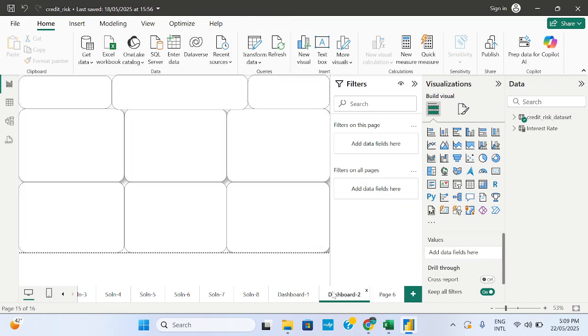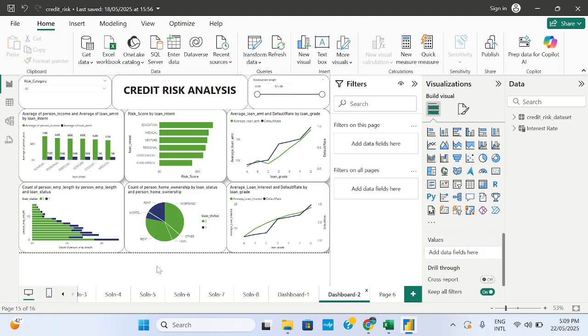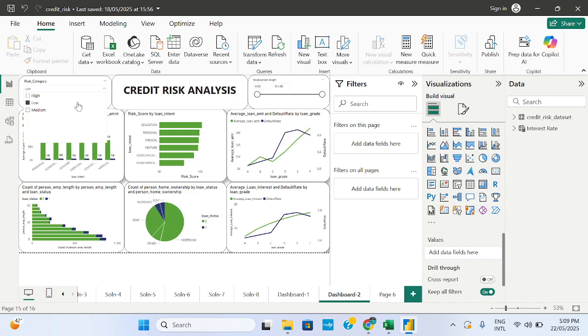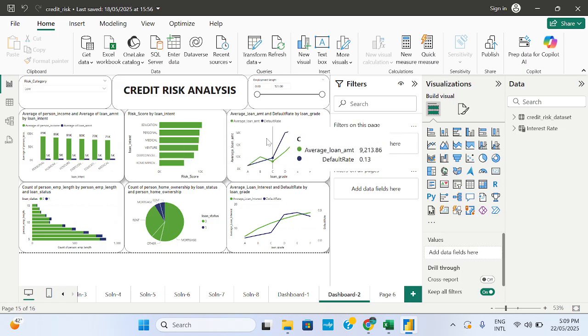Okay, so going to dashboard 2, this is also one of the interactive dashboards that I have given. When I put lower risk, you can see that most of the people under this category who are sanctioned loans for the category of C, D, E, and F are having lesser loans as they are having higher risk, which are required to pay more than the defaults.